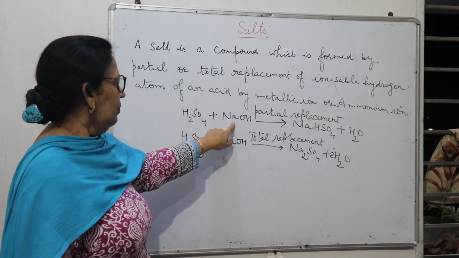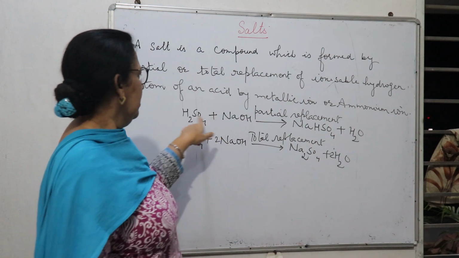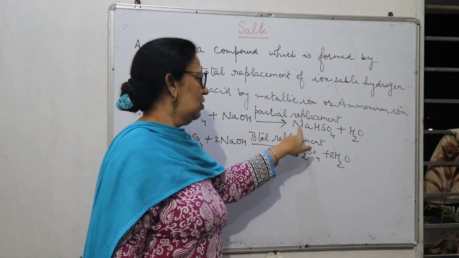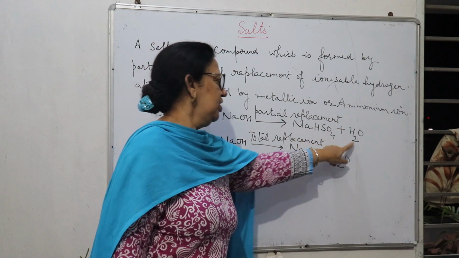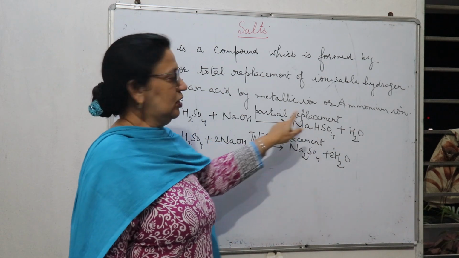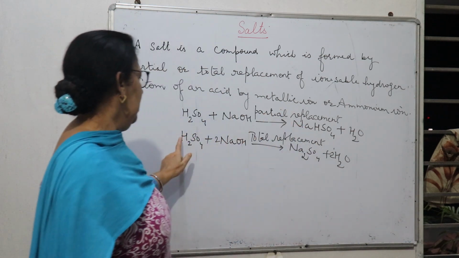See here, base plus acid. Here one of the hydrogen is replaced by sodium ion and the salt formed is sodium hydrogen sulfate plus water. Here one of the hydrogen is still there in the salt, so this is partial replacement.